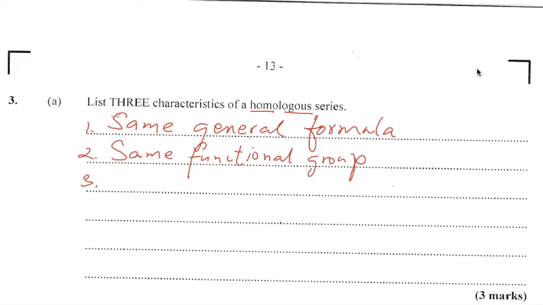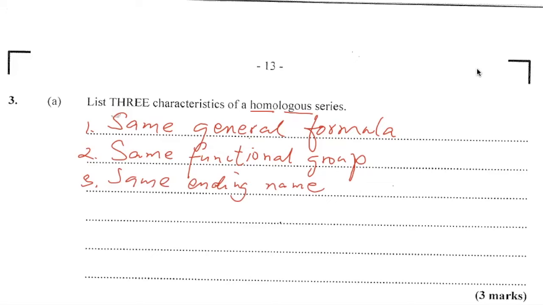Members of the same homologous series would have the same ending name. So this is like traditionally, where members of a certain family will have the same last name. So members of the Brown family will have the last name Brown.